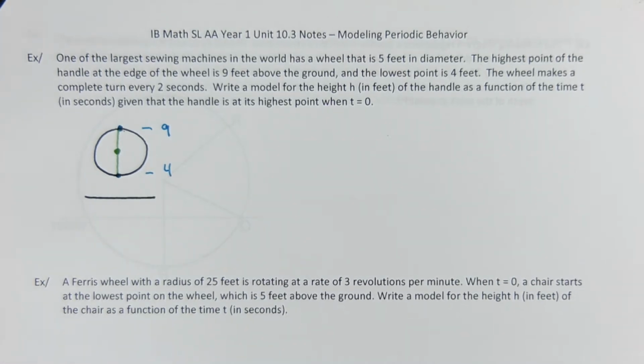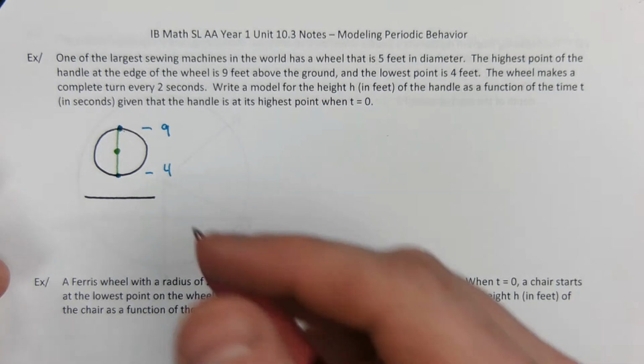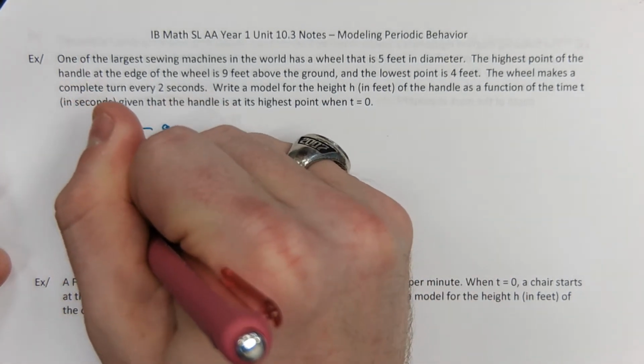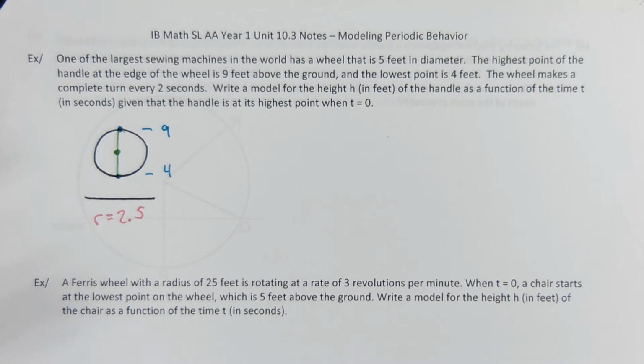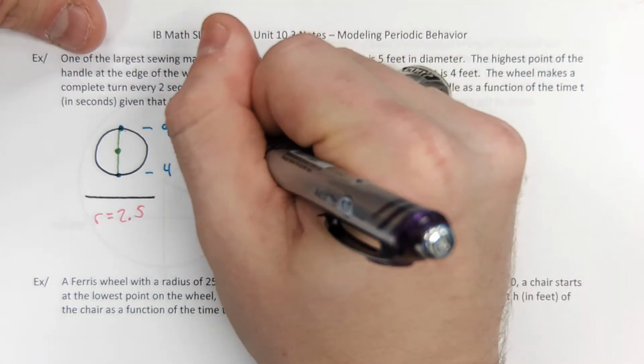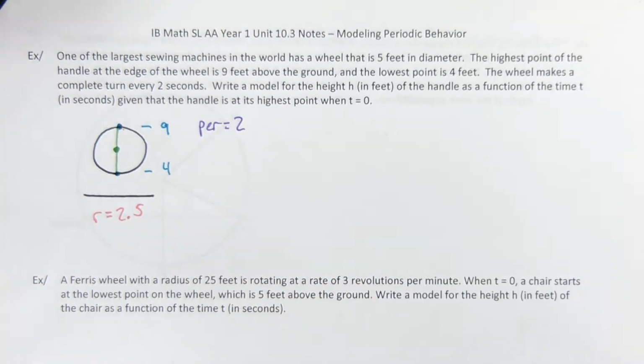What's the radius then? 2.5. Yep. Another bit of information you were given is the period length: 2 seconds, because it completes 1 turn every 2 seconds. So our period equals 2.